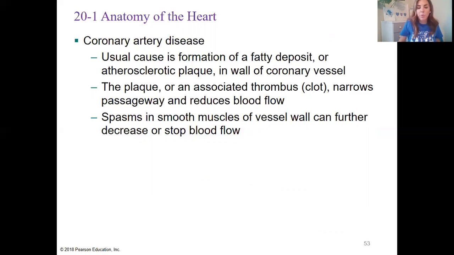Now, whenever we start talking about atherosclerotic plaques, most people will say, oh yeah, this is why you shouldn't have high levels of cholesterol. But I'm going to go ahead and stop you right there and tell you that there are a number of different studies that show that really the levels of cholesterol do not adequately show who is or who is not going to have issues with heart attack or strokes due to the impedance of blood flow within their vessels.